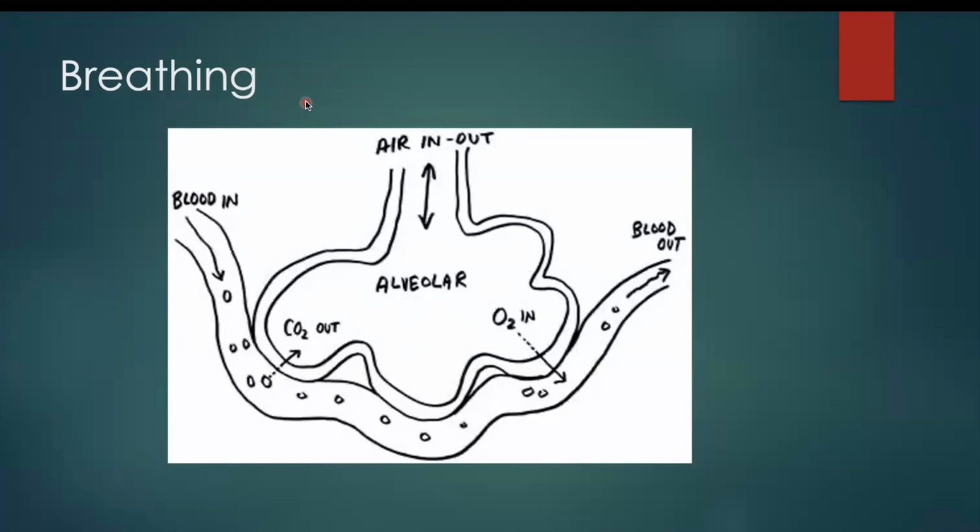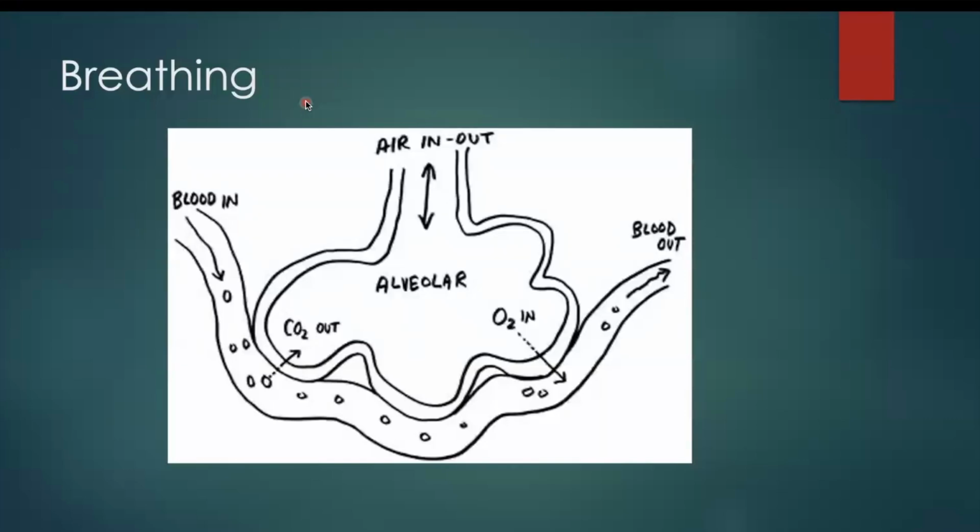And when we talk about end-tidal capnography, we're talking about respiration and perfusion. We're not talking about oxygenation. Pulse oximetry tells us about oxygenation. End-tidal capnography is trying to measure as close as possible to that capillary membrane what the amount of CO2 is.